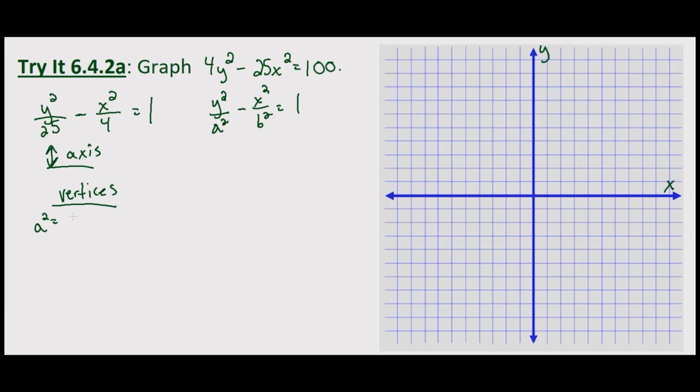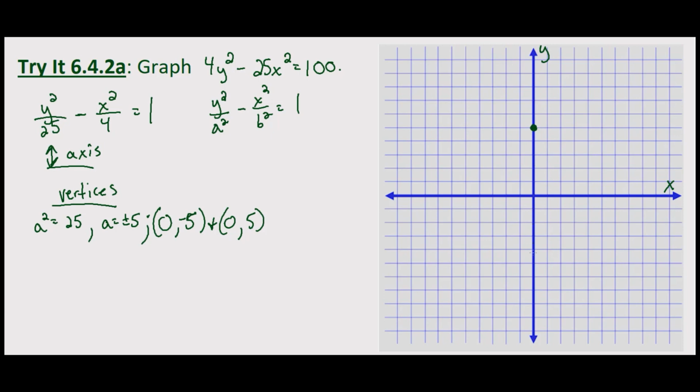So a squared equals 25, and a then equals plus or minus 5. Since it's a vertical axis, we're going up and down for these vertices. That means we're going to have vertices at (0, -5) and (0, 5). So let's go ahead and graph those.